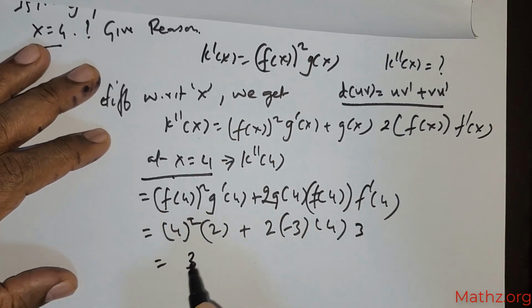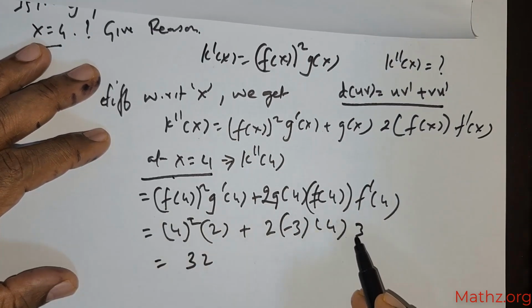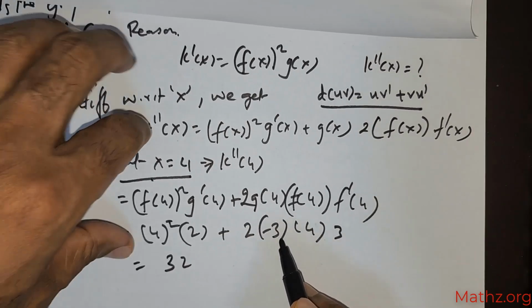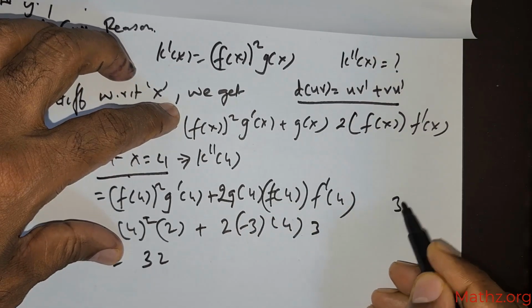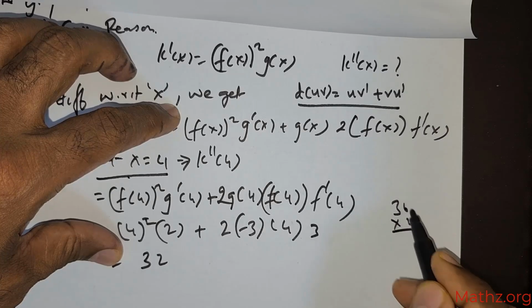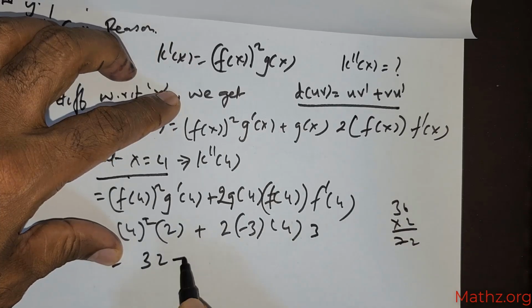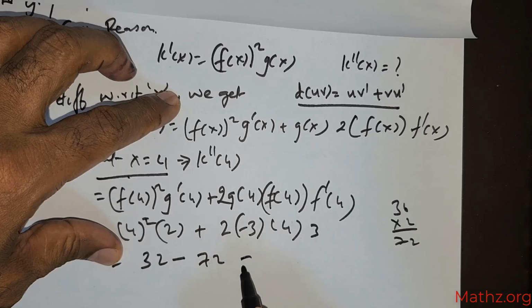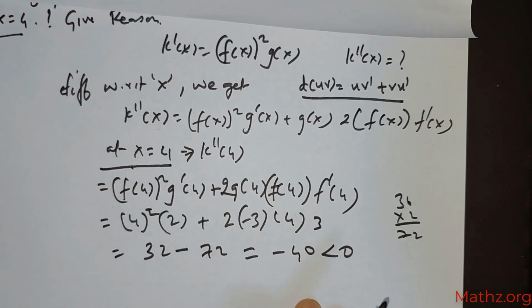So 16 times 2 is 32, 4 threes are 12, 12 times 3 is 36, multiplied by 2 is 72, so negative 72, so you get negative 40, less than 0.